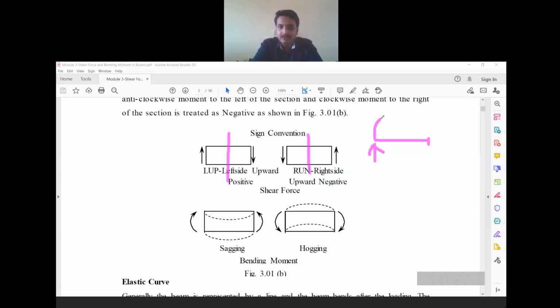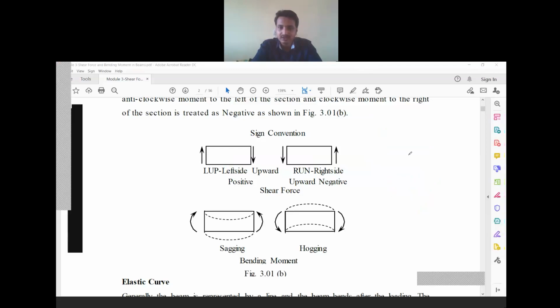This beam will tend to rotate clockwise. That is why I am considering it as positive. When I have a downward facing load to the right of the beam, this is also causing clockwise rotation. So that is why I can understand this as positive.